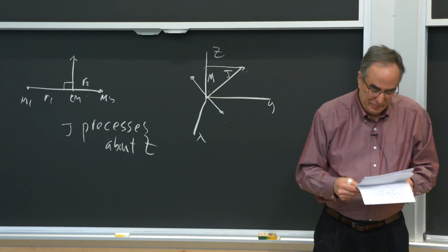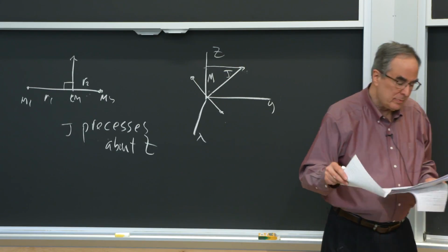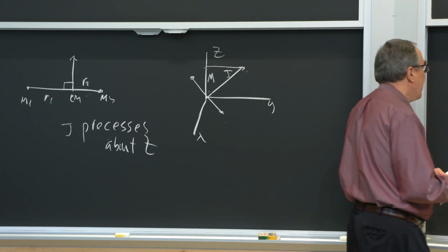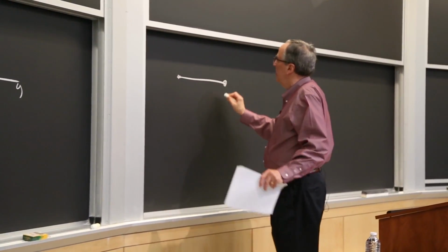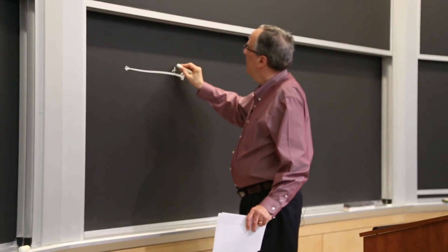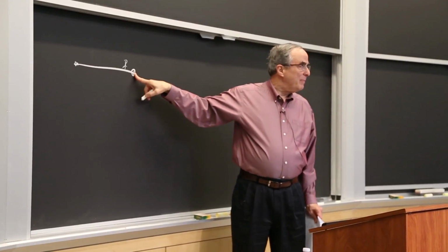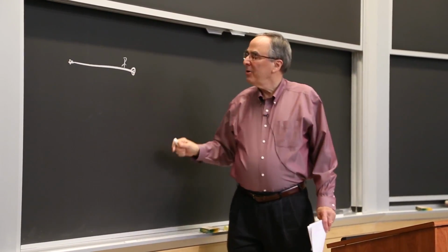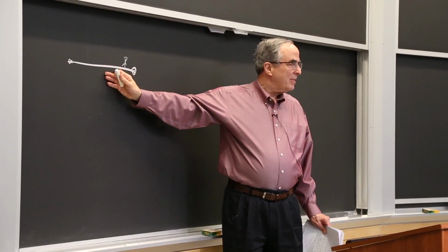And now I'm going to prepare you for it. So suppose you had a molecule, and you have a little person standing on the molecule frame. And now you have somebody out here observing as the molecule rotates.